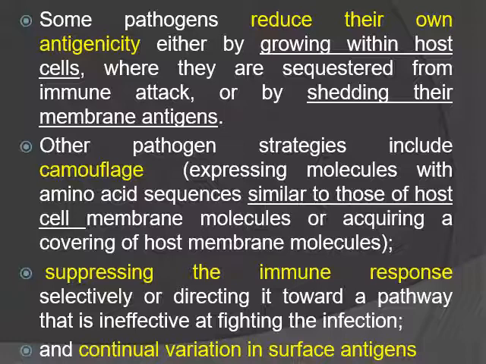Other pathogen strategies include camouflage, expressing molecules with an amino acid sequence similar to that of the host cell membrane so they can evade the immune system, or suppressing the immune response selectively or directing it toward a pathway that is ineffective in fighting the infection. This is like the strategy used by HIV. So there are different strategies used by pathogens to evade the immune system or response.